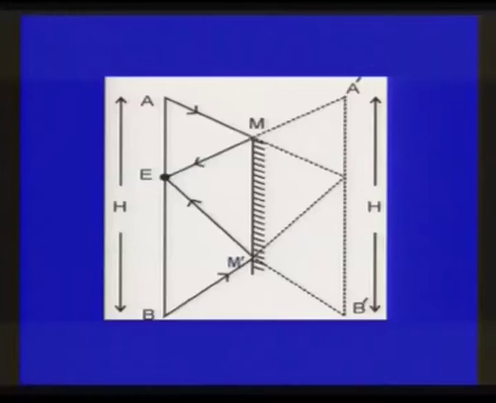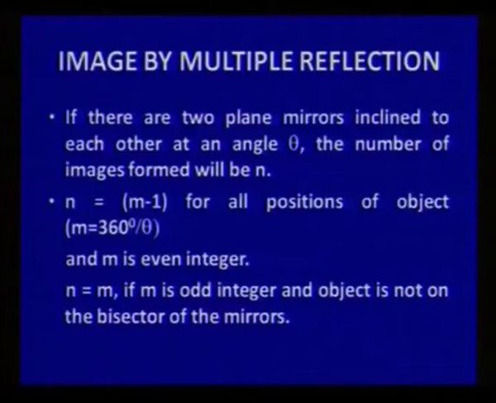That you can see in this diagram. There is a mirror and there is a position of the eye I at E, and AB is the object and A dash B dash is the image formed. So here it can easily be proved that the size of the mirror M dash is half of the size of the object AB.